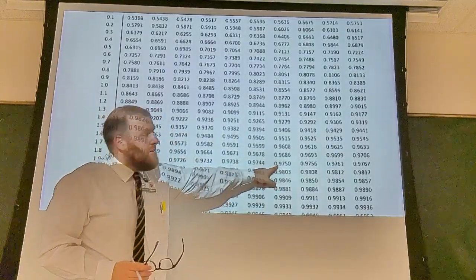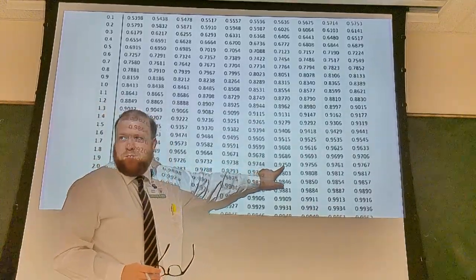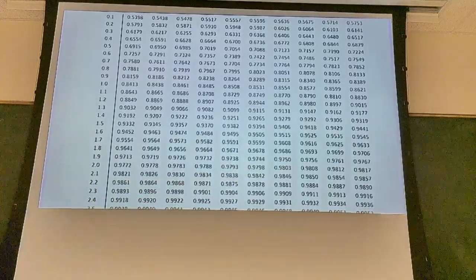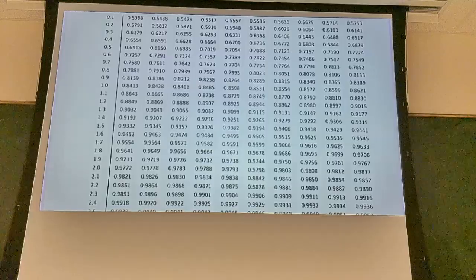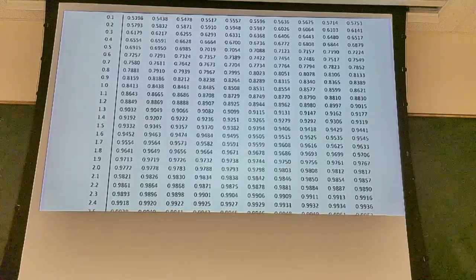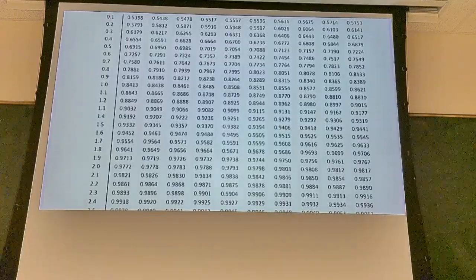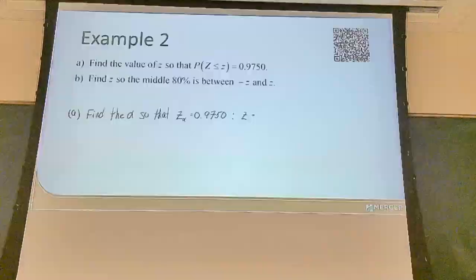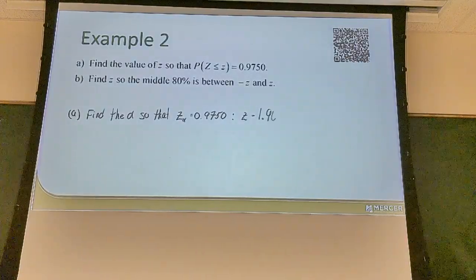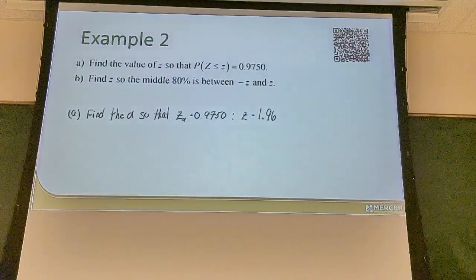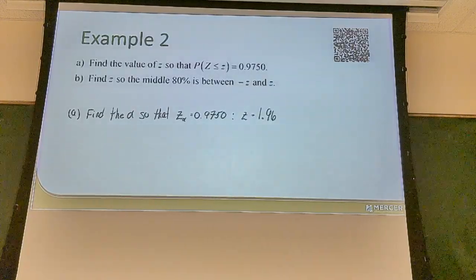Now the question is, what is that? So it's 1.9, 0, 1, 2, 3, 4, 5, 6. So that is our z-score, 1.97.